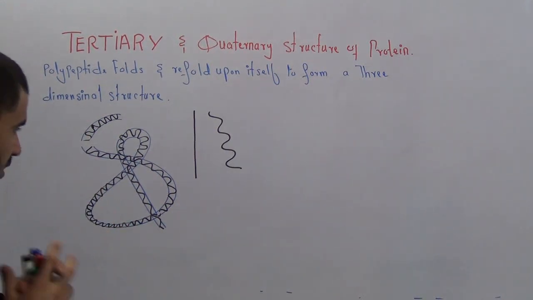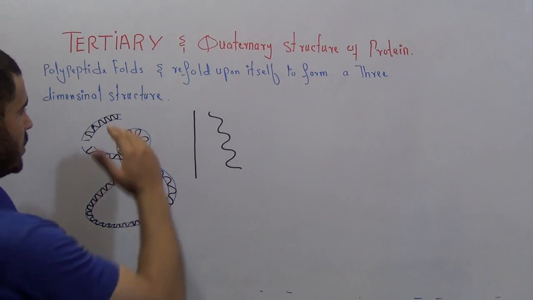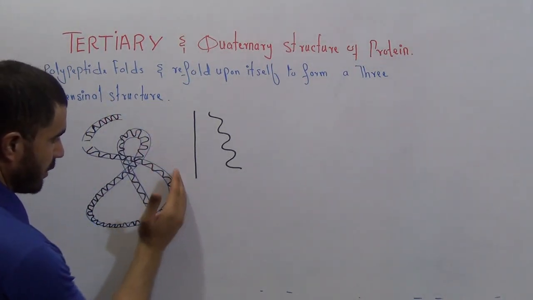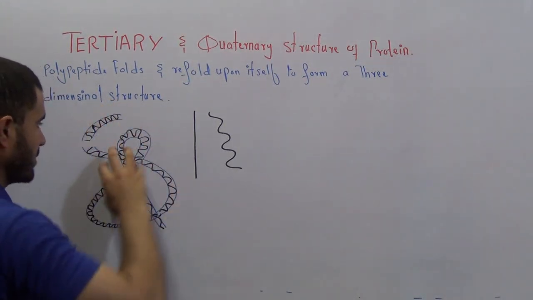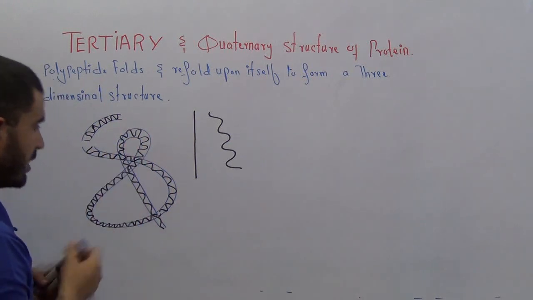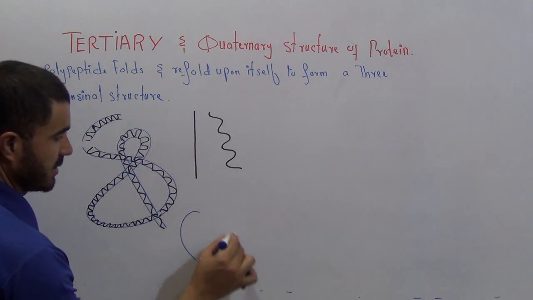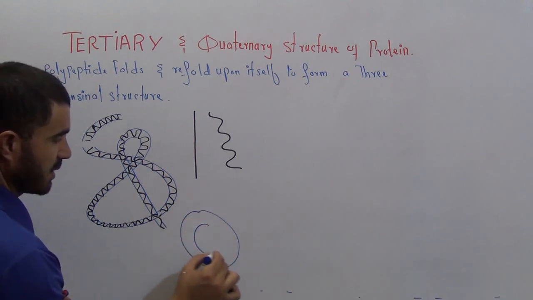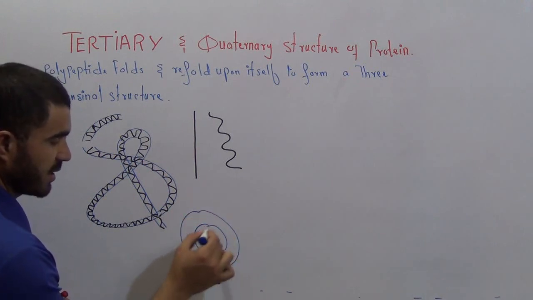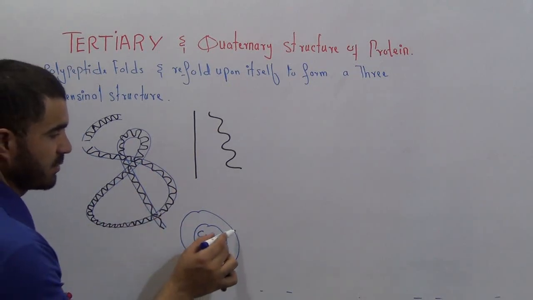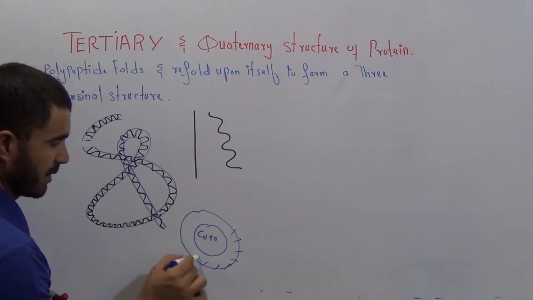In the tertiary structure, you will see that there is a surface, and this is the core center. If we mention the tertiary structure of a globular protein like this, that region will be called the core, the central part of the protein, and that will be the peripheral part of the protein.